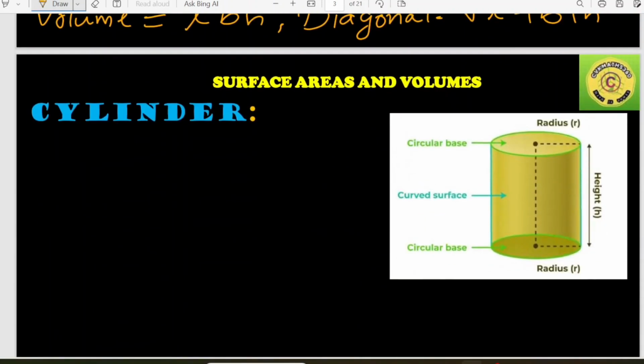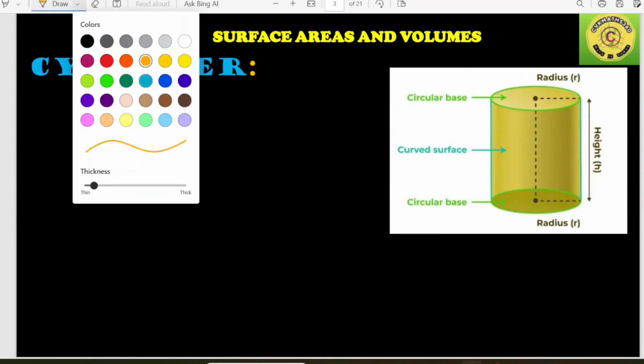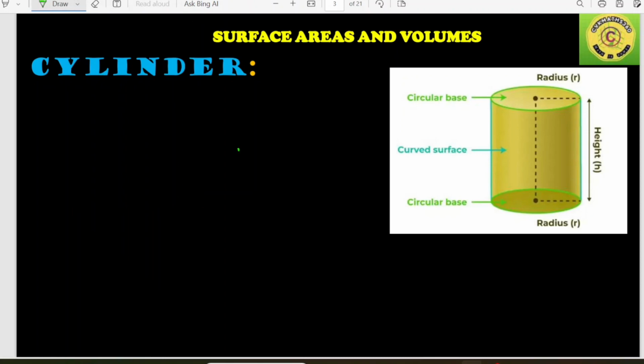The next one, cylinder. In this cylinder, see, this is the radius, height, and it has a curved surface area and a circular base. On both ends we have the circular base. CSA of cylinder: a cylinder is like a prism-shaped figure.